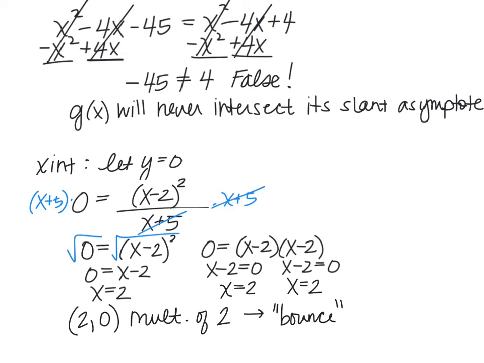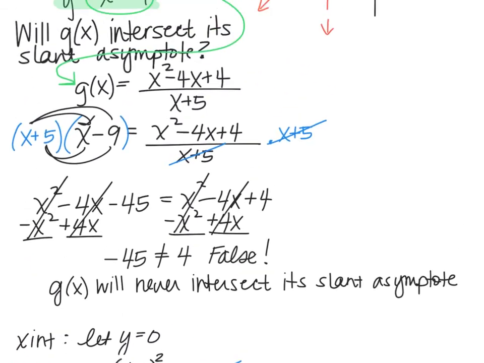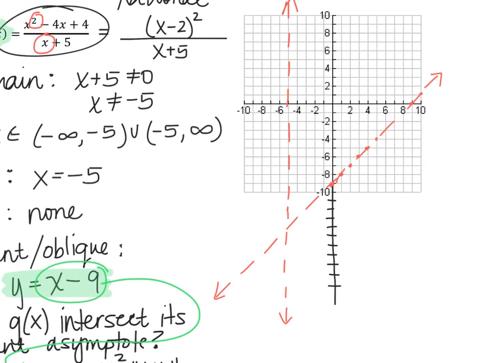Some people call it a bounce, others call it a touch. Either one of those terms, we know that the graph is going to bounce or touch the x-axis at the coordinate 2, 0. So let's go ahead and plot that point 2, 0, going back up here to my graph. So here is the coordinate 2, 0, and the graph will touch at 2, 0.